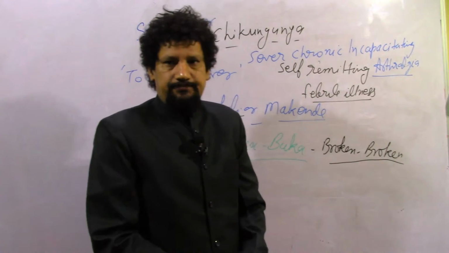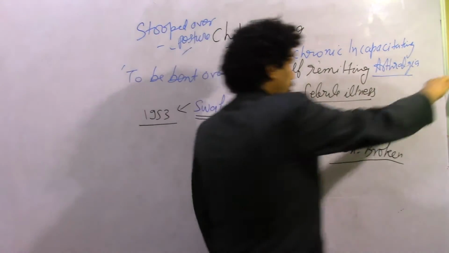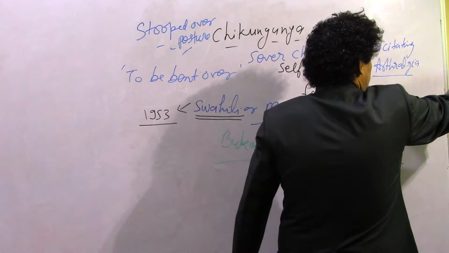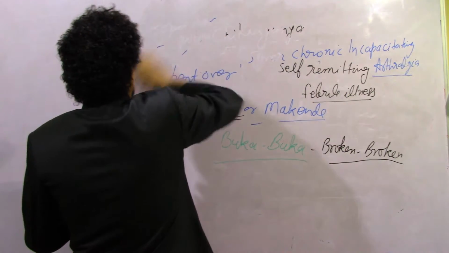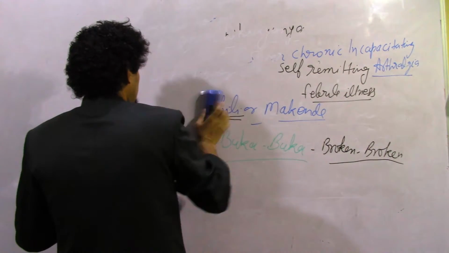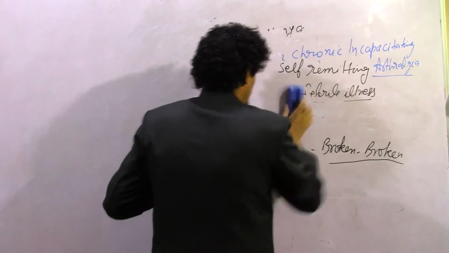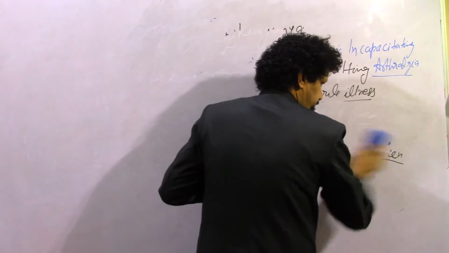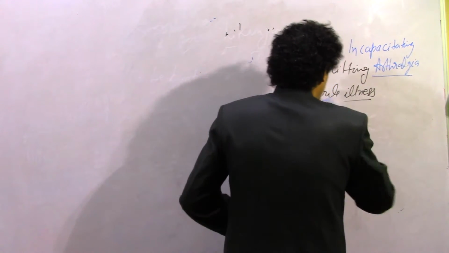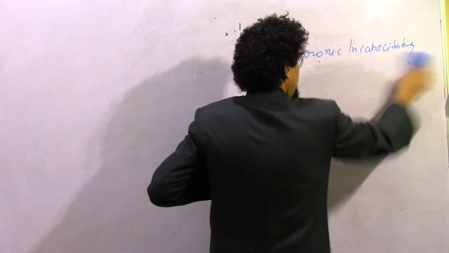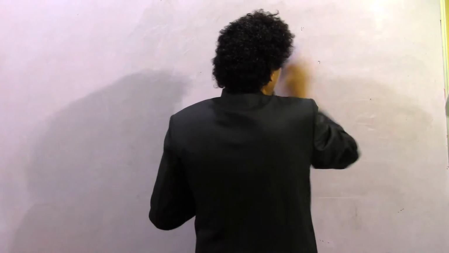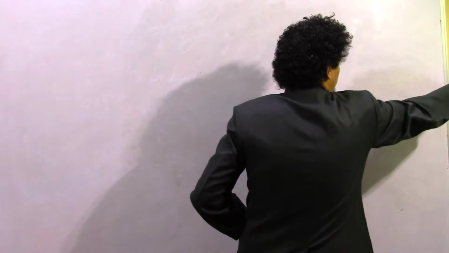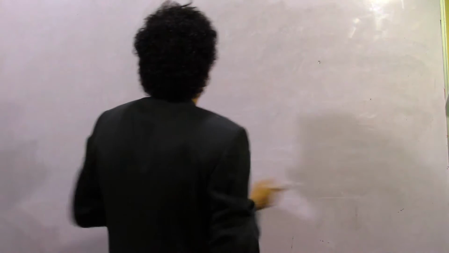The etiology of chikungunya: it is a viral disease caused by an alpha virus of the Togaviridae family. So what are ChikV and ChikF?